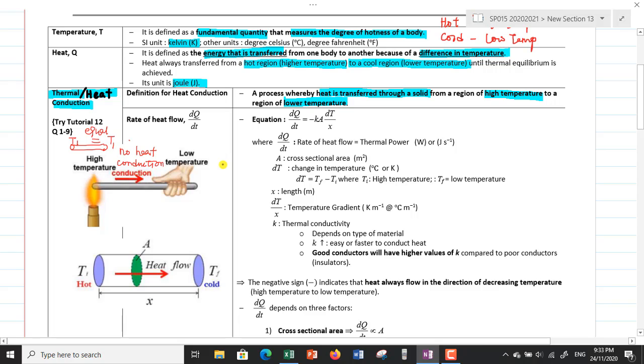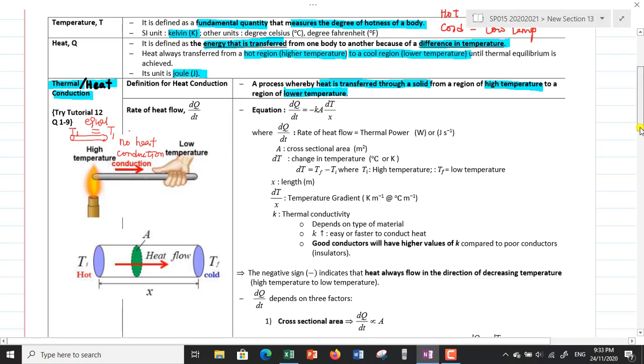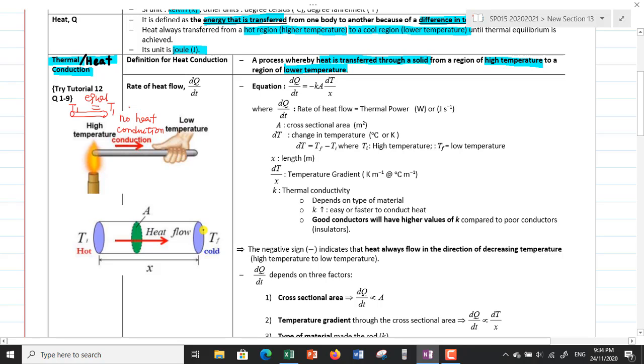If this is our rod, or any solid, for example, the left end is hot, which means it is at high temperature, for example 100 degrees Celsius. The right end, the other end, is cool. I label it T final, T subscript F, which means it is at low temperature, for example 20 degrees Celsius.